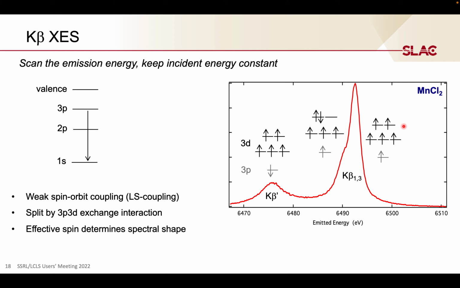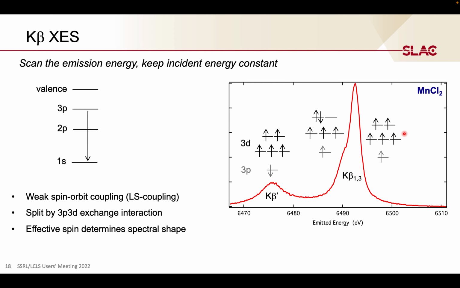And so the 3p has a weak spin-orbit coupling. So we stay in the LS coupling regime, which means spin is a good quantum number. And then the whole spectrum is given by basically the 3p-3d exchange interaction. And so the main peak here, the Kβ1,3, we have a configuration like this, where this 3p electron that's left is parallel with the 3d electrons.